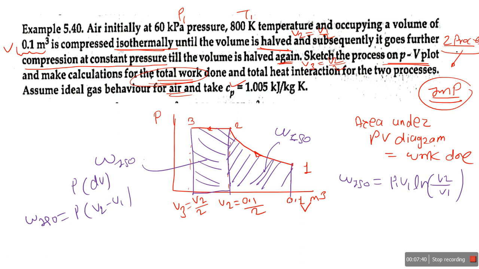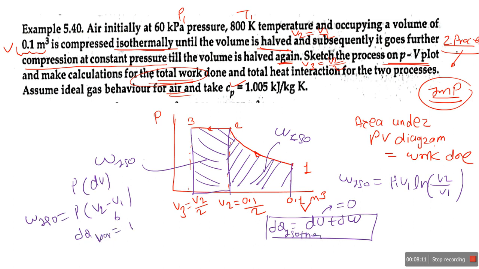Then there is also the heat interaction. For that, we know the fundamental formula: change in internal energy plus work done. For isothermal, the change in internal energy is 0, so the work done we calculate is directly the heat supplied. For isobaric, the basic relation is dQ equals change in internal energy plus work done.